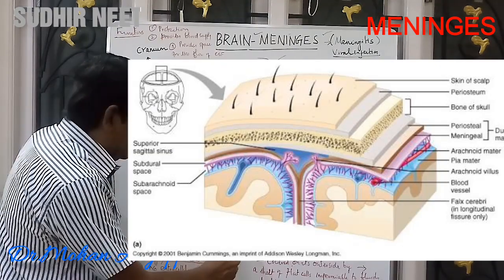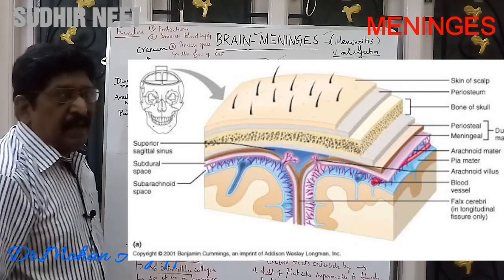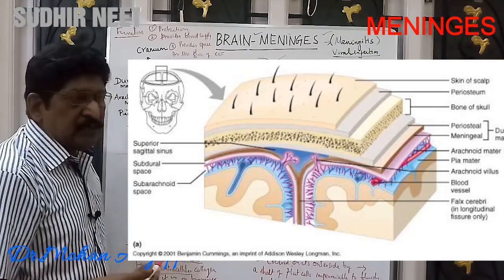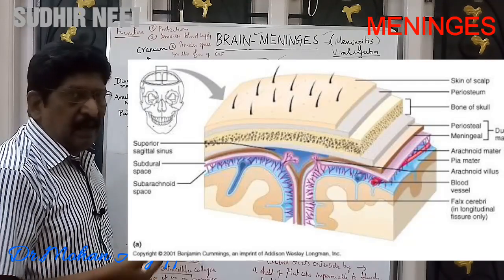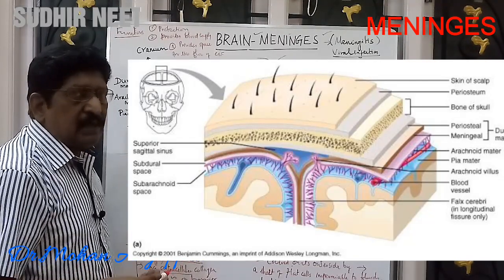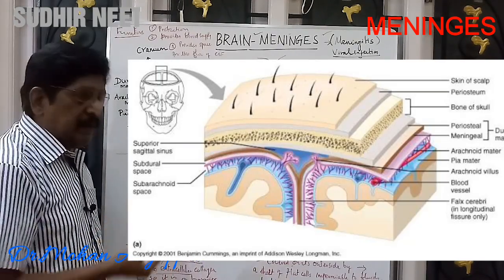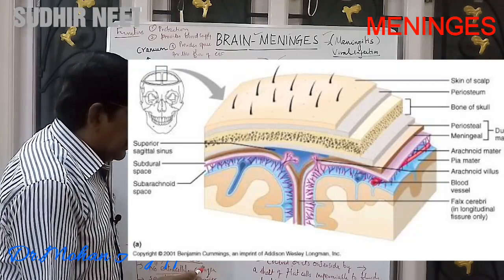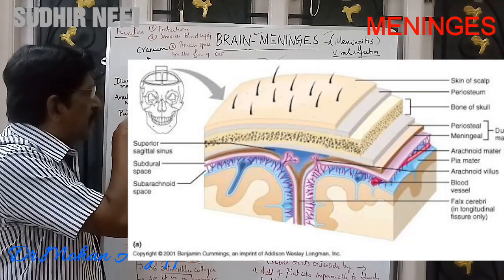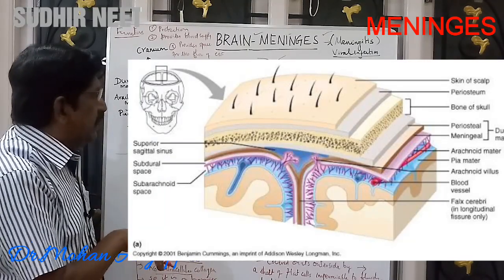And finally, we are coming to PIAMATER. Pia means innermost, inner matter. Pia or softer, soft mother. PIAMATER is also called the soft mother. Actually, it is towards the brain. It covers the brain.